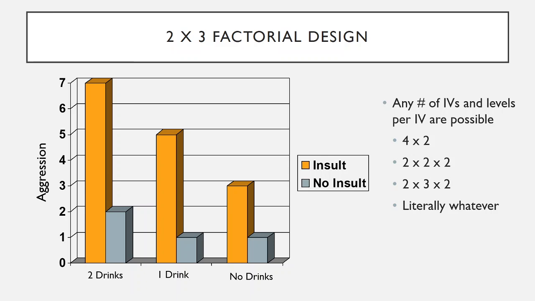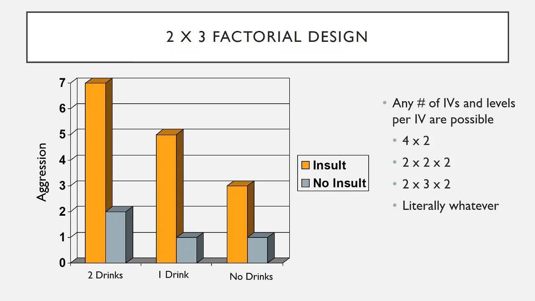As you can see, the highest bar here is the group representing individuals who are insulted and had 2 drinks. So again, think about how the factorial design breaks down such that it would look like this, and think about how you could use that visual to tell a story about main effects and interactions.